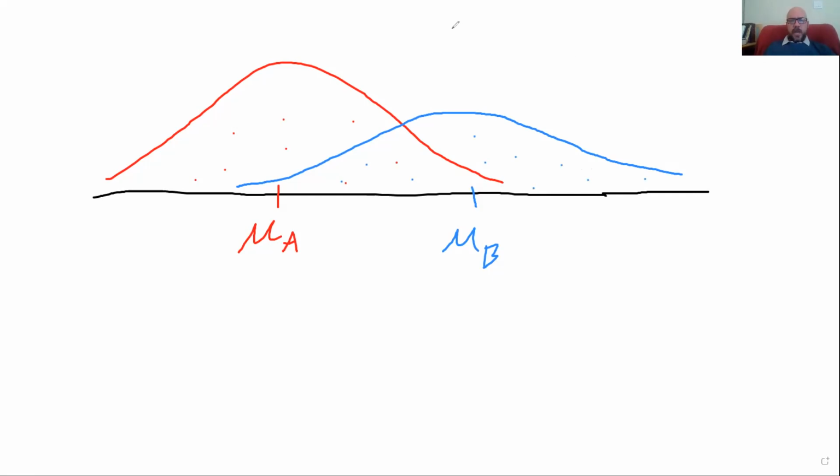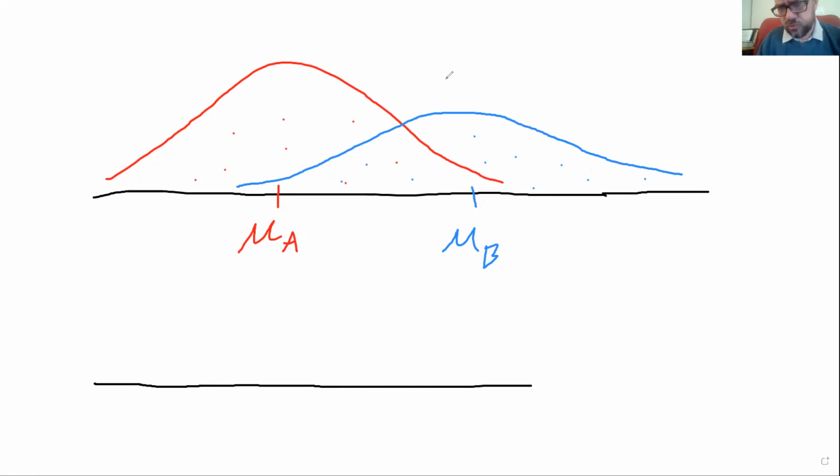So the most common element in A is at the mean, because it's normally distributed, so the peak is right in the middle. And the same thing is true for B. So the most common difference that you're going to get is also going to be the mean of A minus the mean of B. So that's where you see the peak of the differences.